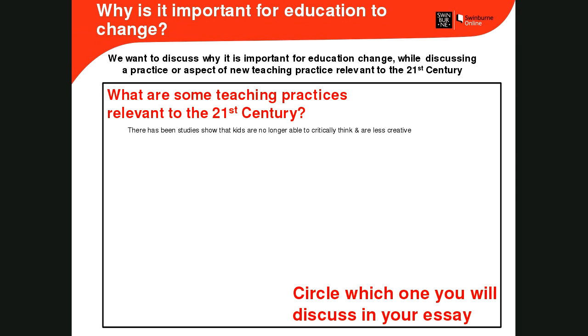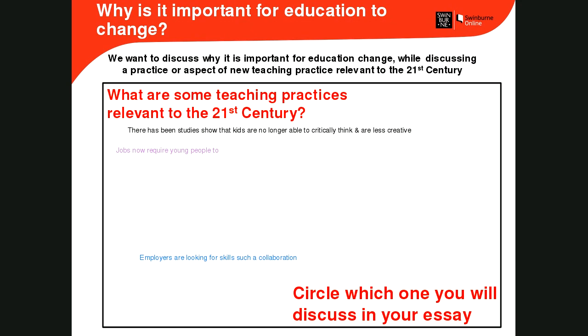So let's get some ideas down here. Okay, so if we've got some research showing that students are no longer able to critically think and are less creative, so it's important then for education to change. And so what is a teaching practice that would then develop that critical thinking and creative thinking in students? And employers are looking for skills such as collaboration.